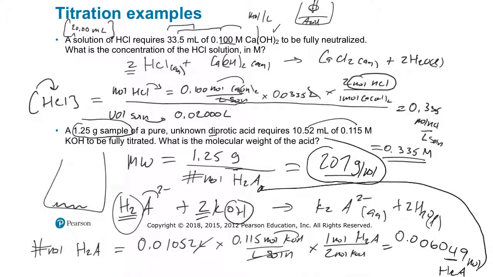So whenever you're doing a titration problem, try to consider what's the acid, what's the base, how do they react together, because almost certainly you're going to need to figure out that stoichiometry of how many moles of the acid pair up with the base. In this case, it's 2 moles of KOH for 1 mole of the H2A for the second example. And for the first example, I had to add 2 moles of HCl for every 1 mole of the calcium hydroxide. So at some point in a stoichiometry problem, you're going to need to have some sort of balanced reaction written out in order to be able to solve the problem correctly.